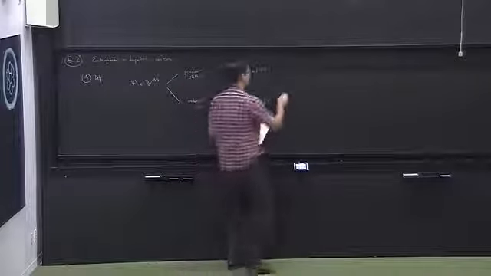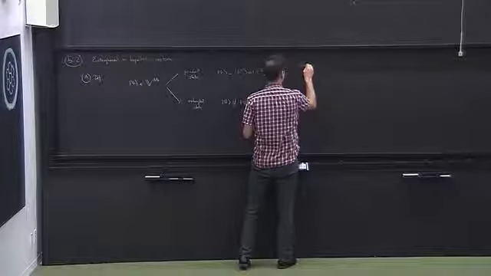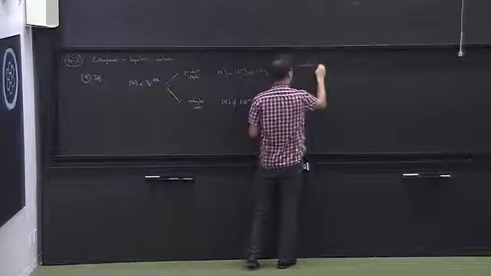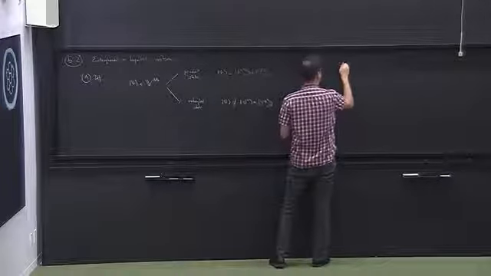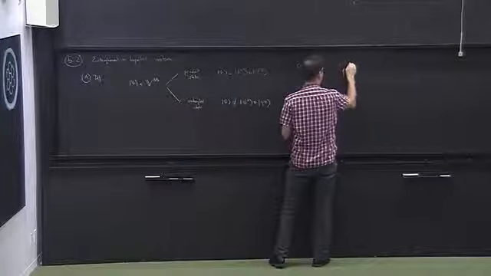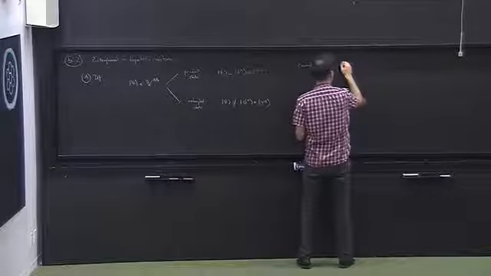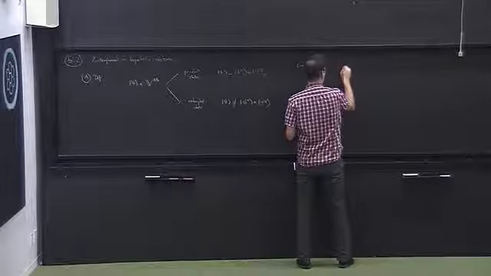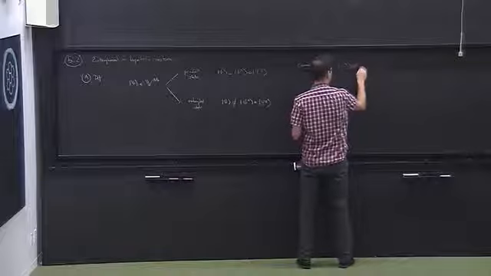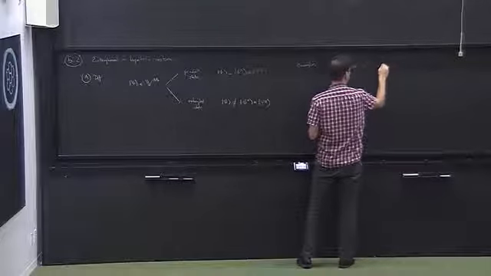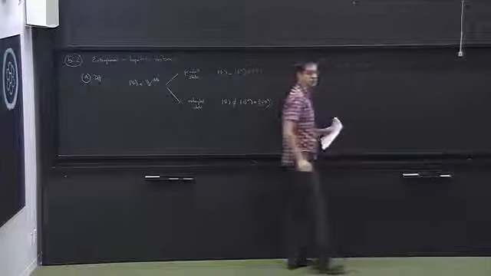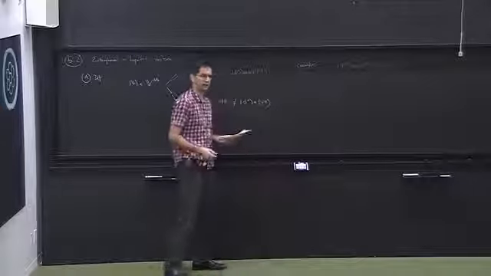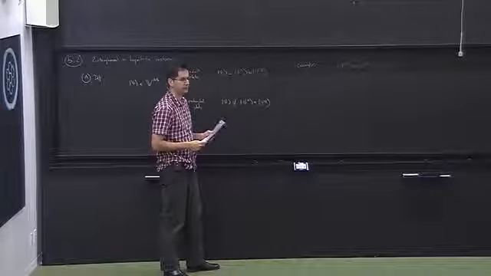So let's consider some examples. If I give you the state 1A times 1B, which I also call just 1, 1. Is that the product state, or is it an entangled state? Okay.